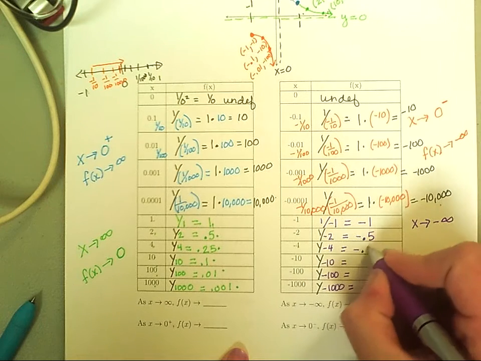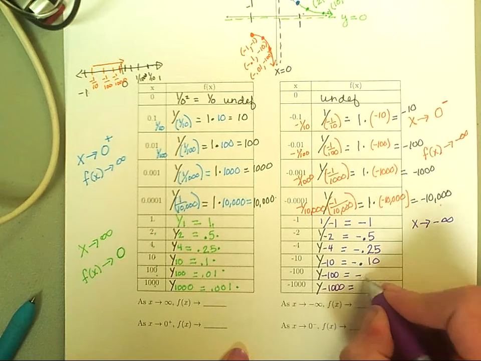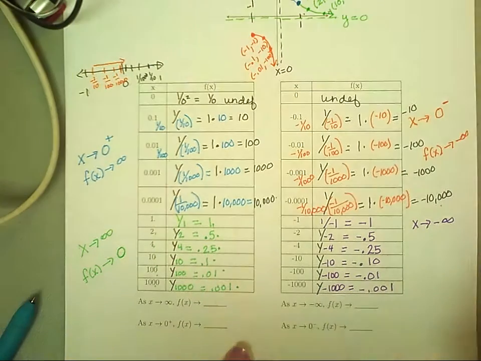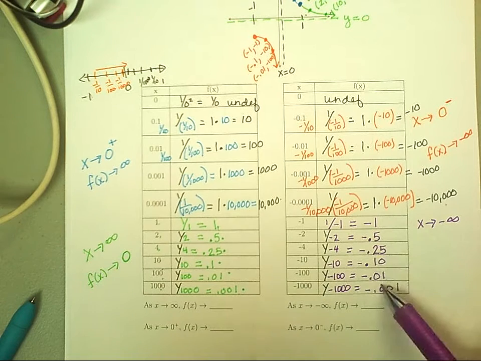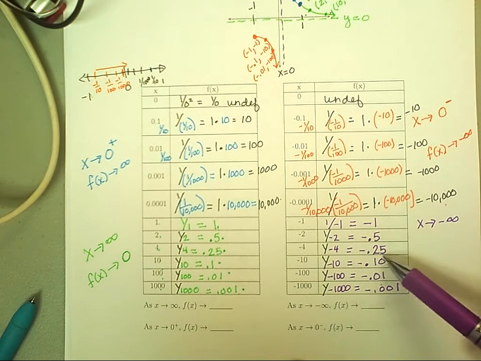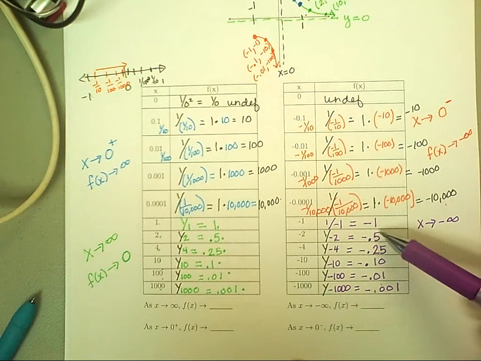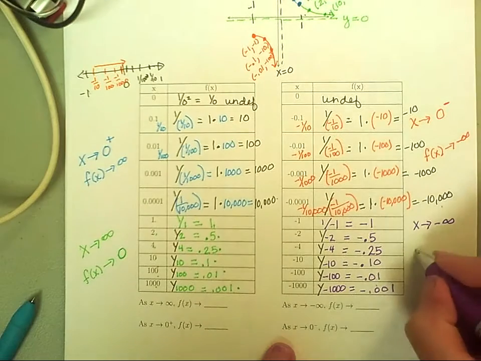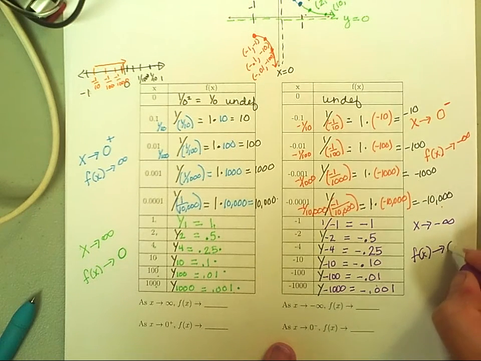If we want to switch it to decimals, negative 0.25, negative 0.1, negative 0.01, negative 0.001. So we see that we have the same values here. It's just instead of heading in the positive direction, they're heading in the negative direction. And they're heading to 0, in this case, by getting less and less negative. So the function value is getting less and less negative, and it's still approaching 0.